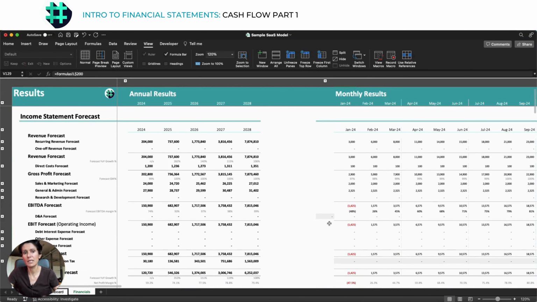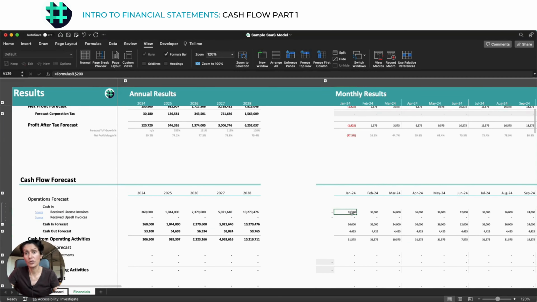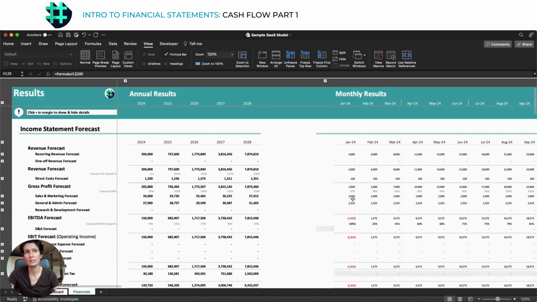So let's say, for example, again, you've onboarded 3 new customers in January and they've paid you the total upfront, so that's 36,000. But the reason that this revenue number for your MRR is also not 36,000, even though you have 3 customers, is because the 3 customers that you've onboarded in January might pay you that $36,000 upfront, but you cannot and shouldn't recognize that as revenue in that month because it's not.